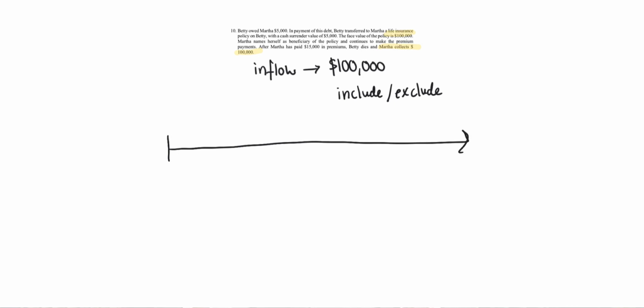But first thing we know is that Betty owes Martha $5,000. Okay, next event we're told. To pay off that, Betty gives a life insurance, LI, contract to Martha.